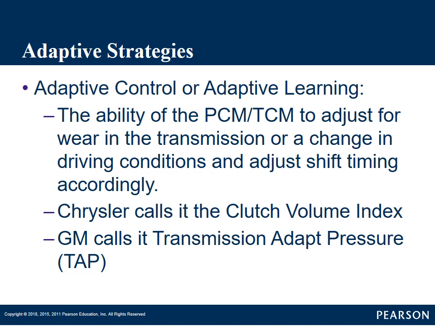In other words, they monitor the time frame between when the TCM or PCM commands the vehicle to shift and when it actually shifts, and then if it gets too high, they adjust it. Maybe they start shifting that shift valve sooner. Maybe they increase the pressure so it shifts quicker. They do that to adjust for wear in the transmission.